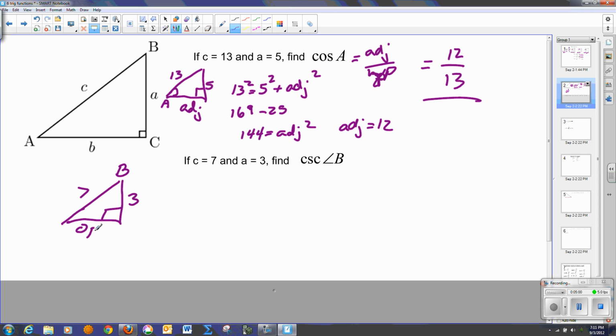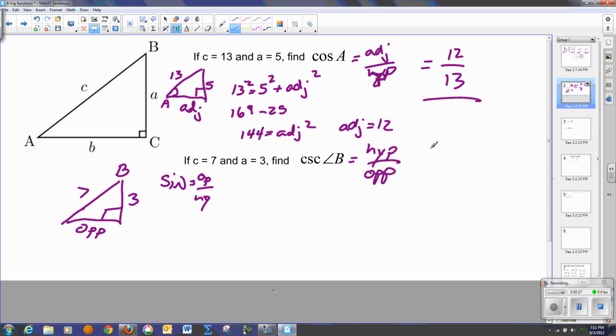So this side across from B is my opposite side. I need the cosecant, which is the reciprocal of sine. So if sine is the opposite over the hypotenuse, then I'm looking for a hypotenuse value over an opposite side.